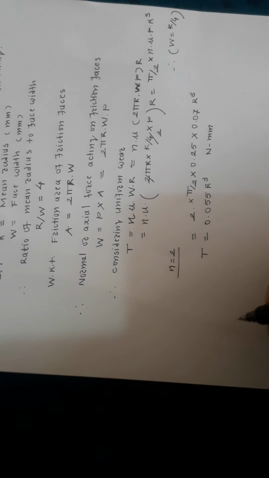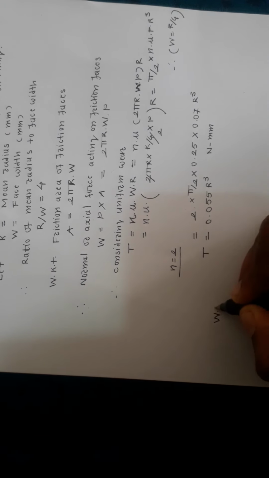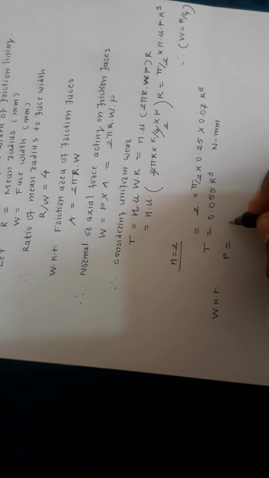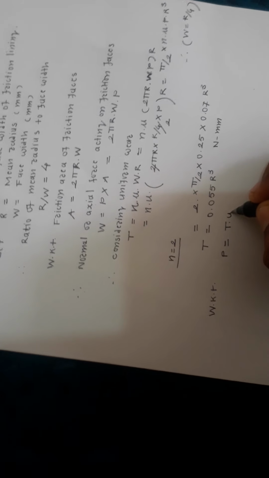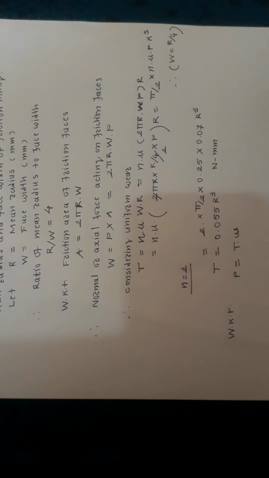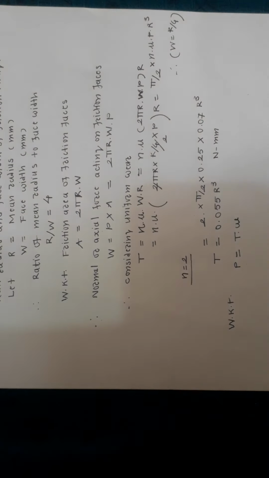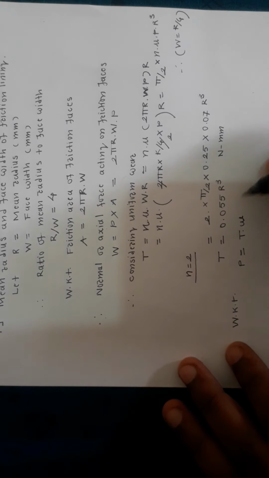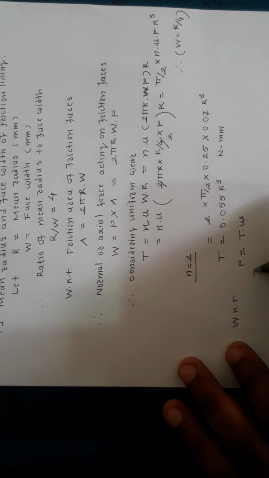Now we also know that the power transmission is in terms of torque into the angular velocity. So if torque into angular velocity, we know that the power is given as 7.5 into 10 to the power 3.